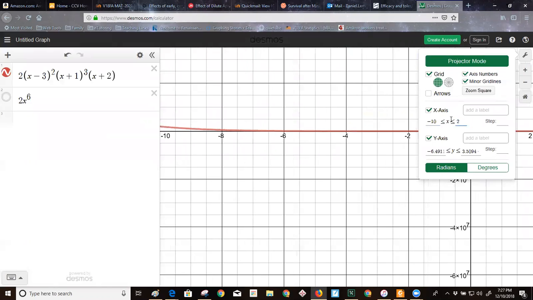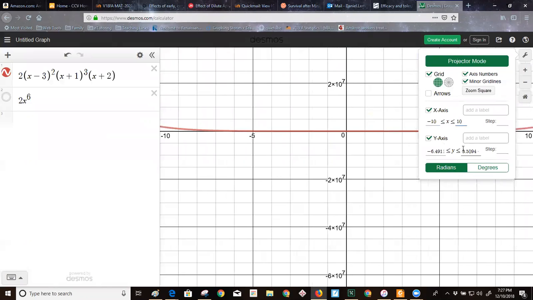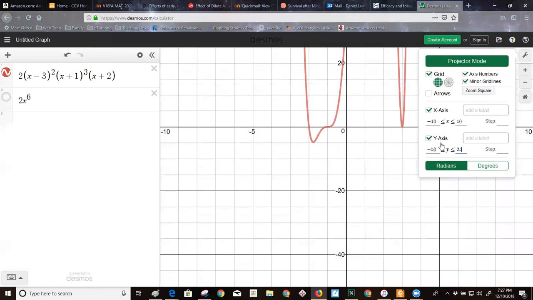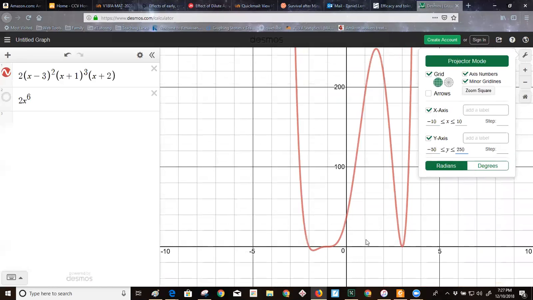Maybe we'll go to 20. Then the y values we have to change. That's way big. Let's go from a negative, I don't know, was it negative 50, to positive, was it 250? I don't remember. Oh, it's probably not too bad.